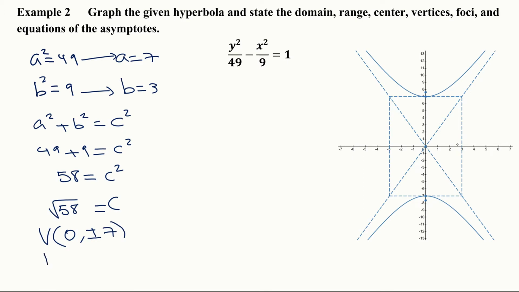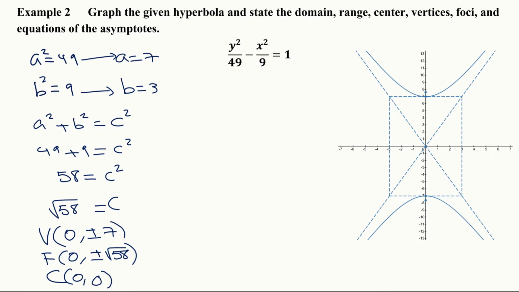I can write the foci. They're going to be at 0 and then plus or minus square root of 58. And the center is obviously at 0, 0.